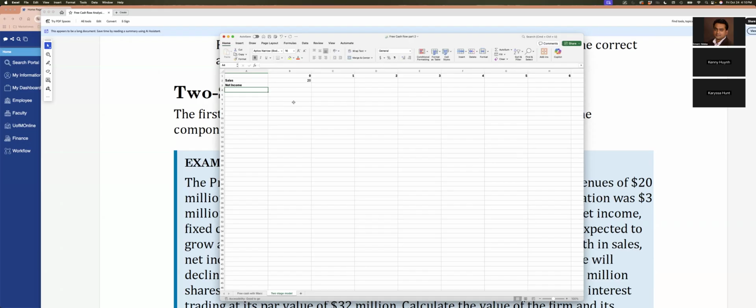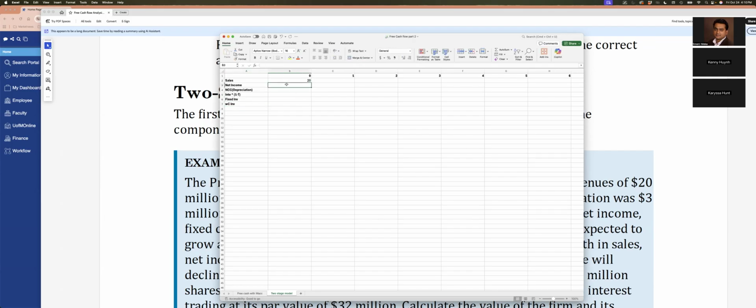NCC is nothing but depreciation. And then you need to add interest times 1 minus T. Then you need to subtract fixed investments. Then you need to subtract working capital investments. That gives you free cash flow for firm.